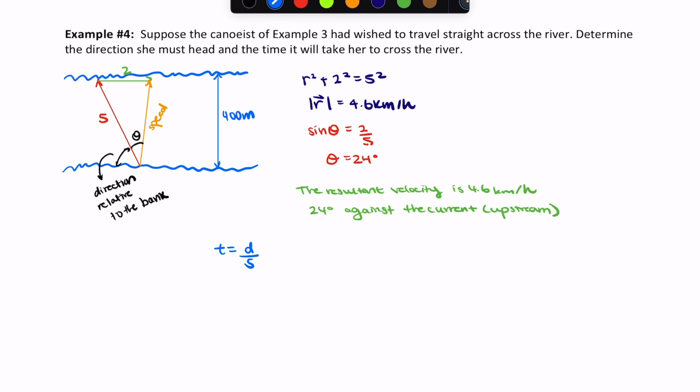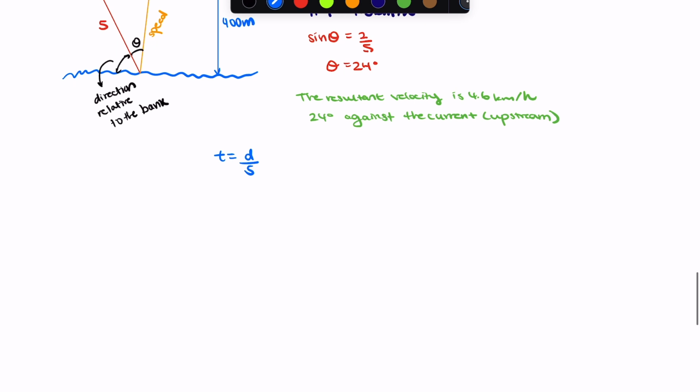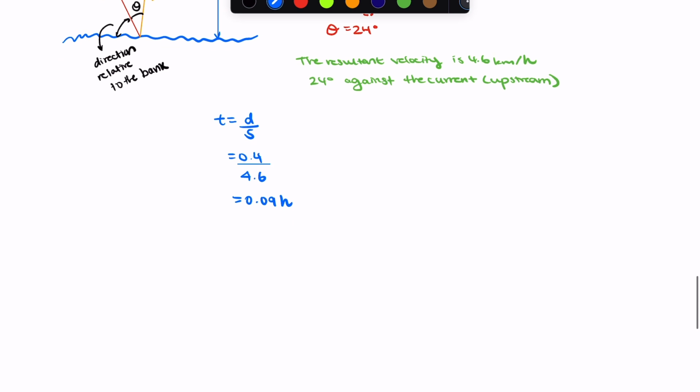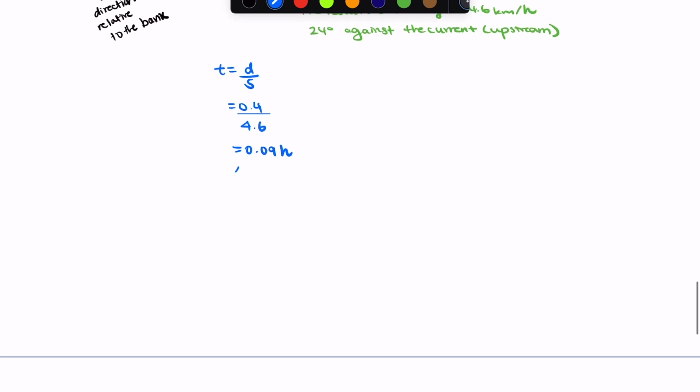Our distance, we take our 400 meters and convert it to kilometers, which will be 0.4. So it'll be 0.4 over the speed, which was 4.6. And so that's equal to 0.09 hours.